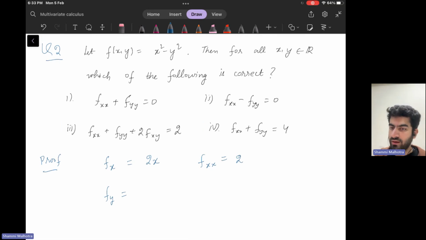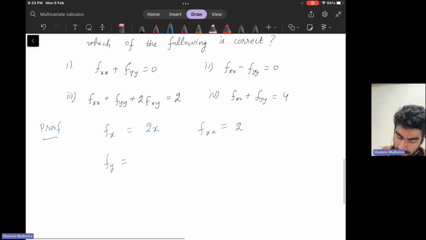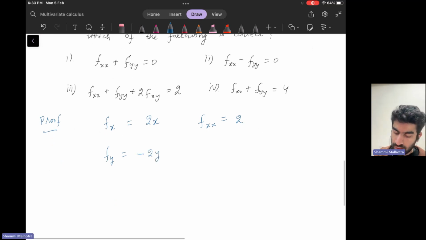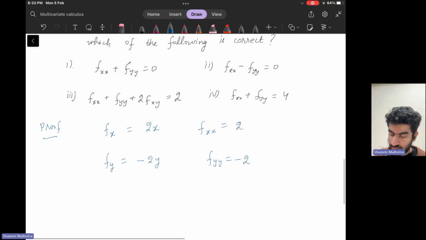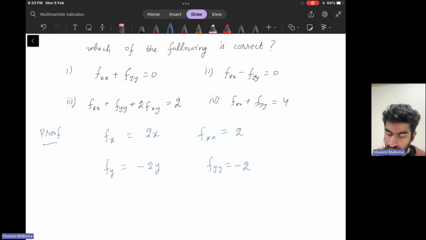This will be 0, and minus y square will give me minus 2y. And if we differentiate again with respect to y, this will be just minus 2 only.